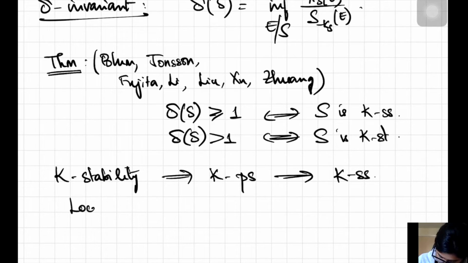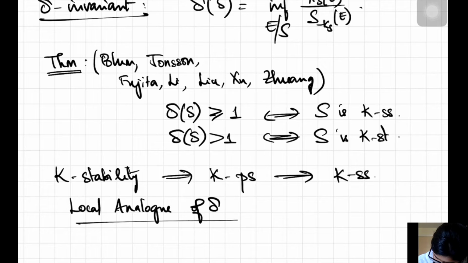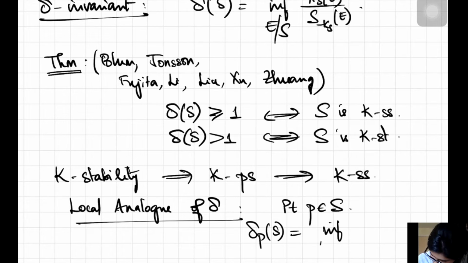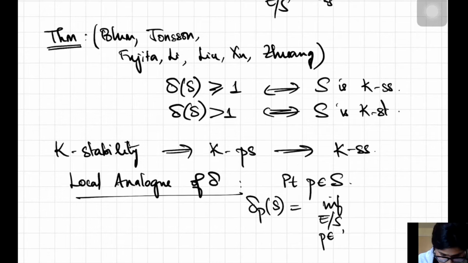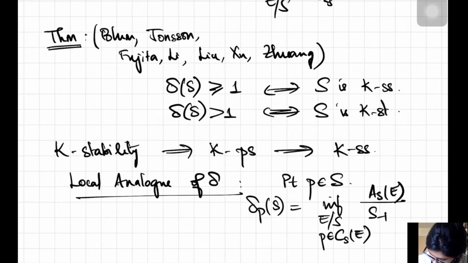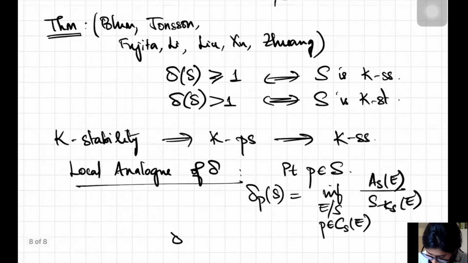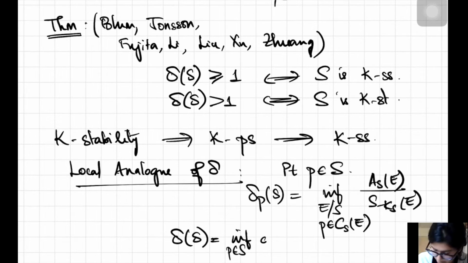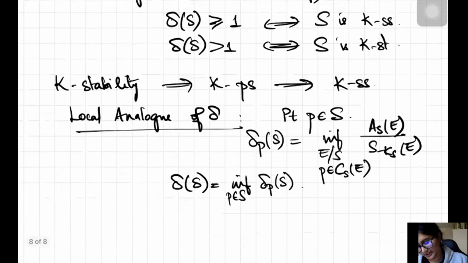But one more thing that would actually help us is a local analog of the delta. So if you take a point P on your surface, I can define something called delta_P, which is given by this, where P is in the center of E over S. We can have a local definition of delta, and then in turn your delta of S is given by the infimum over all these points of all the delta_P's.